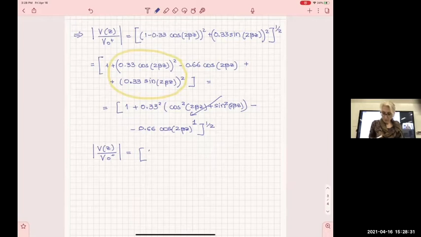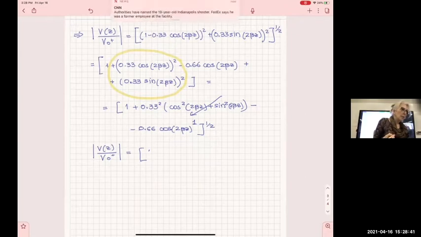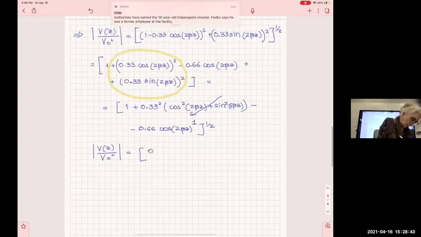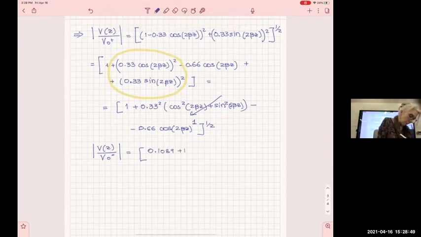Let me see. 0.33 times 0.33. Yes, 0.1089. 0.1089 plus 1, all right, from there, minus 0.66 cosine of 2 beta z.